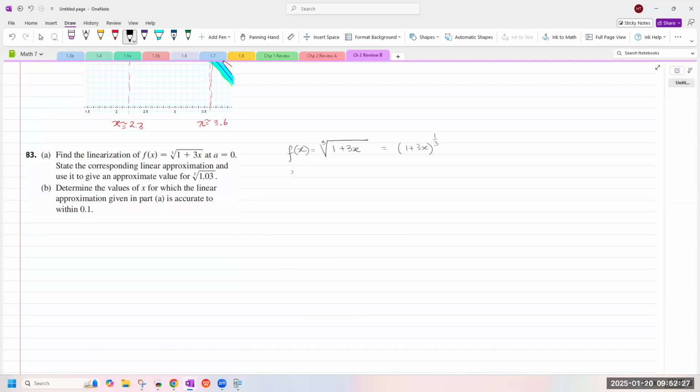So f prime of x is 1/3 times (1 plus 3x) to the power of negative 2/3 times the derivative of the inside, which is 3. That cancels, which is 1 over the cube root of 1 plus 3x, squared.